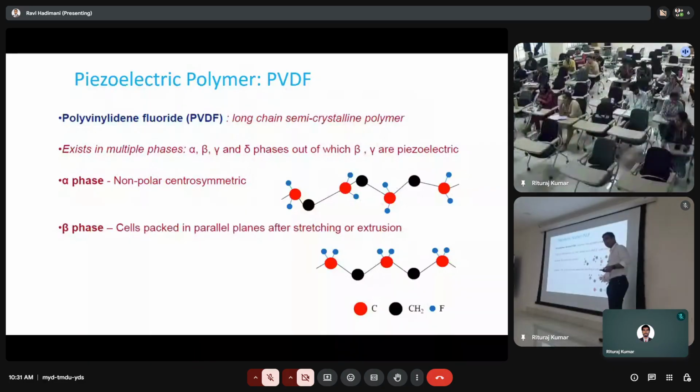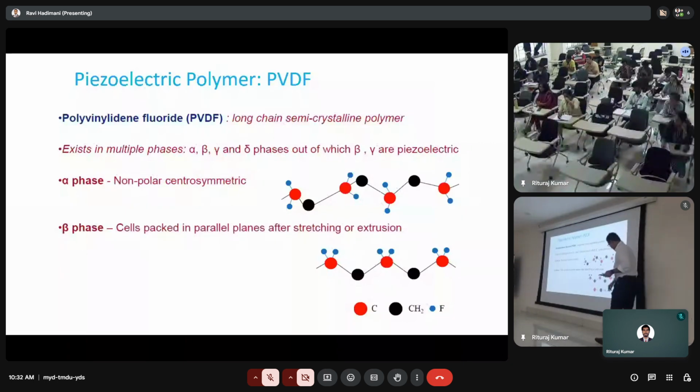But if you look at the beta phase of PVDF, the two fluoride atoms come on top, and the carbon atom comes at the bottom.